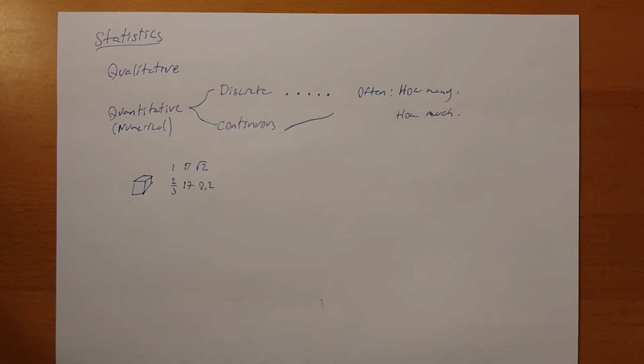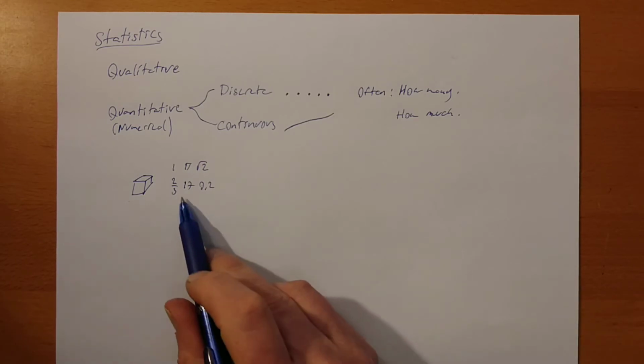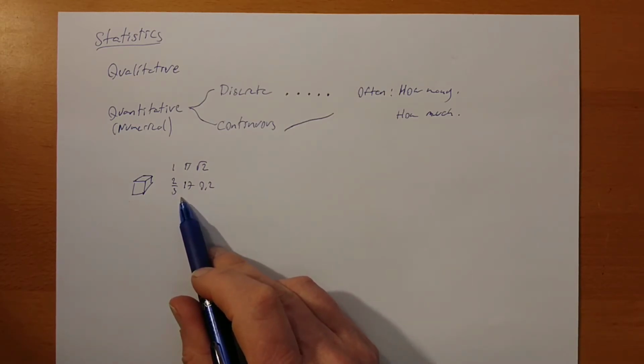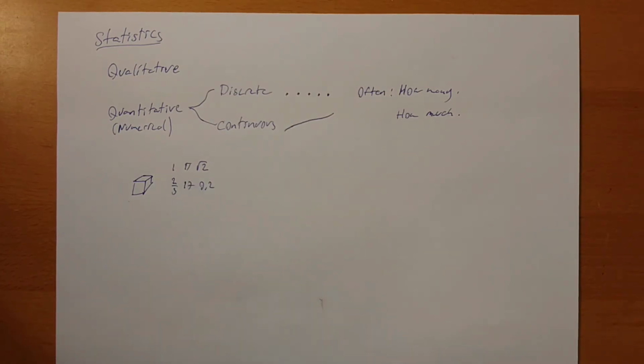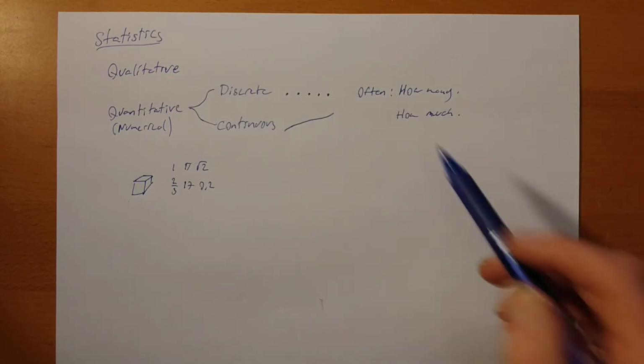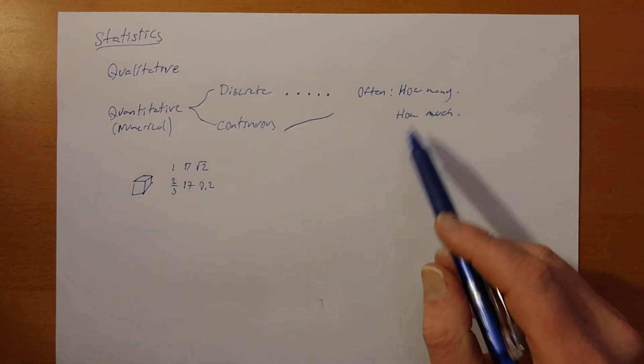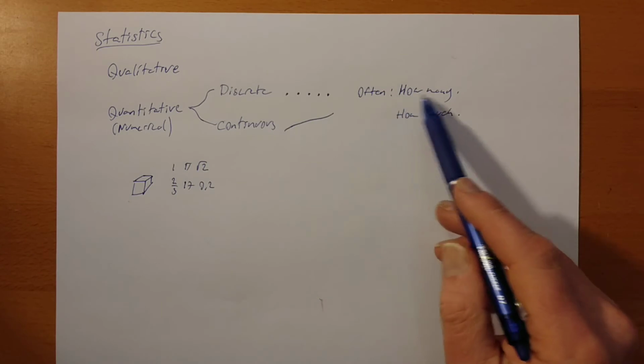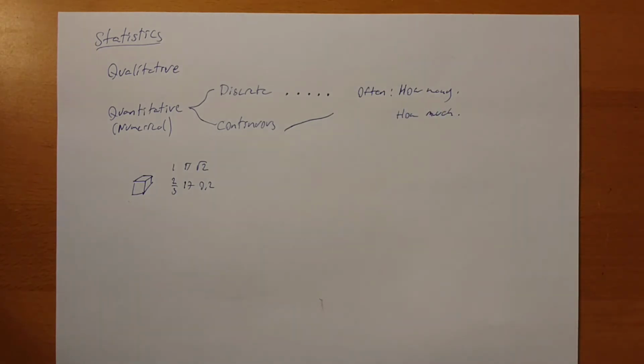If you throw a die, the result could be an answer to how many eyes you have. But if you write these numbers on the sides, that is definitely not the case. You don't have pi eyes on one side and so on. So this is often how many, but not always. The most important thing is that you have just particular values and not the values in between.